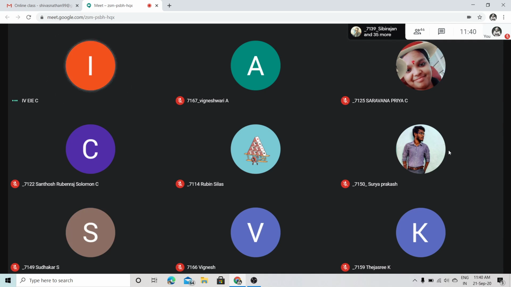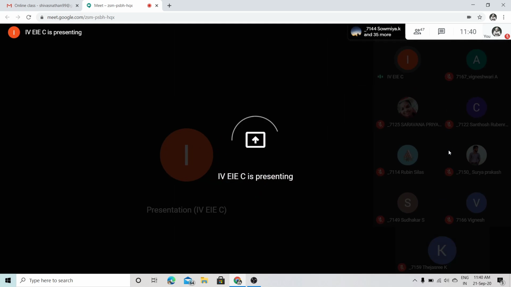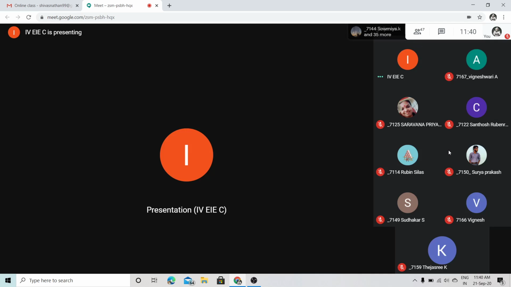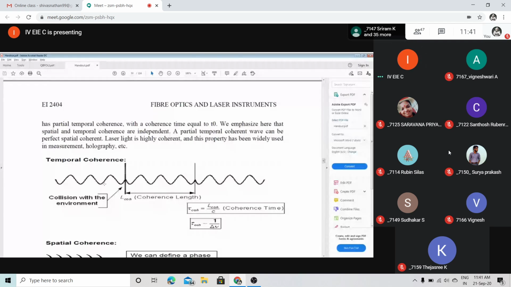So for temporal coherence, if I find a phase present at a particular time, and I compare the amplitude and phase with another time interval of the same photon emission, and I see the same value of amplitude and phase at all of my time intervals, we call the wave temporally coherent.